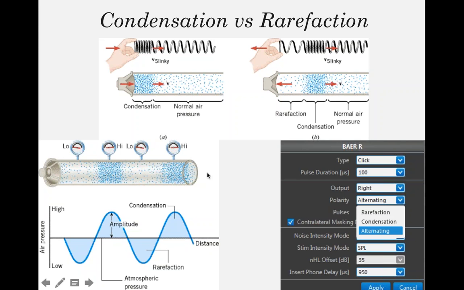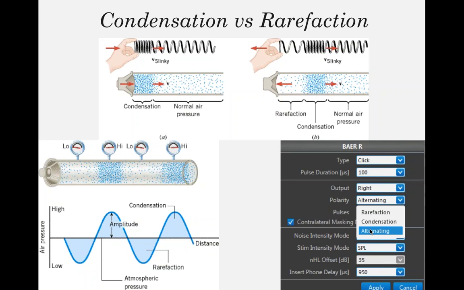And so in general, we choose alternating. We try to get an equal mixture of condensation and rarefaction with our stimulus. And this produces an even type of response from waves 1 through 5.